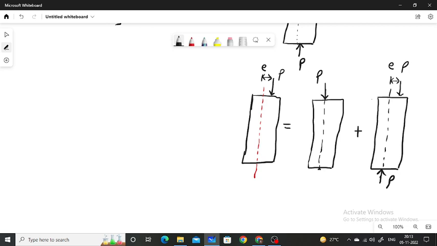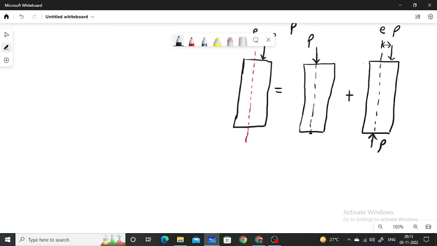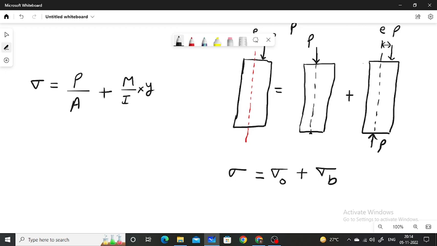So, the total stress induced in the column due to the eccentricity will be equal to the direct stress plus bending stress. Okay. So, direct stress will be equal to the load upon area, and bending stress will be equal to M upon I into y.